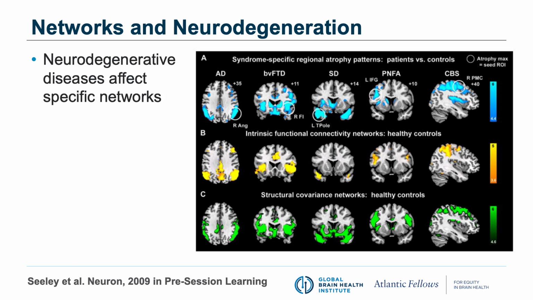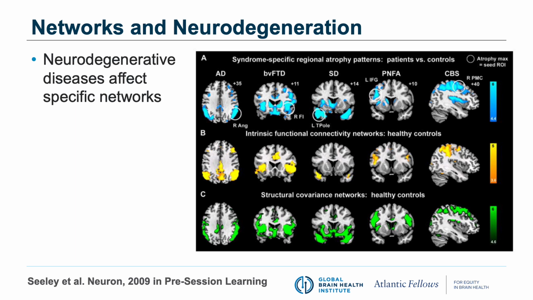And so this is all done in normal people. So you take the seed from the atrophy pattern, the worst region of atrophy in that syndrome, and you make it a seed in normal volunteers, and you study their blood flow. So essentially what he's saying is the pattern of atrophy that you see in Alzheimer's matches the functional activation network using resting state MRI that you get in normal people if you use the worst region of atrophy in Alzheimer's as your seed.